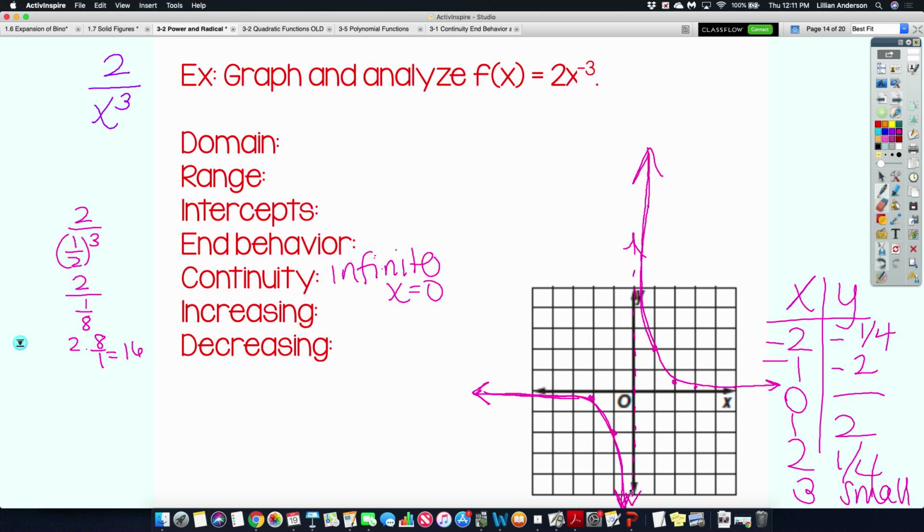Domain, what is it? A little louder. -infinity to 0, union 0 to infinity. You could also write it as x does not equal 0. Either way works. What's the range? Is it all real numbers?